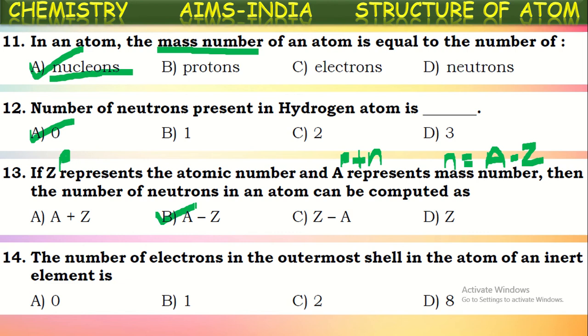So these elements have 8 electrons in their outermost shell, except helium. Helium is also one of the inert elements, but it has only 2 electrons in its outermost shell, that is, in the first shell. So except helium, all the remaining noble gases or inert elements have 8 electrons in their outermost shell. So the most predominant answer here is 8, because it is a single correct answer type question. 2 is only applicable for helium.